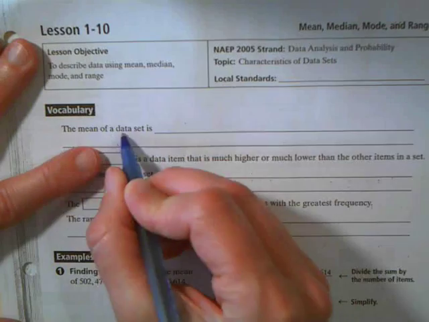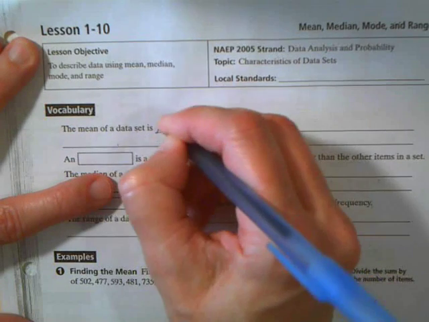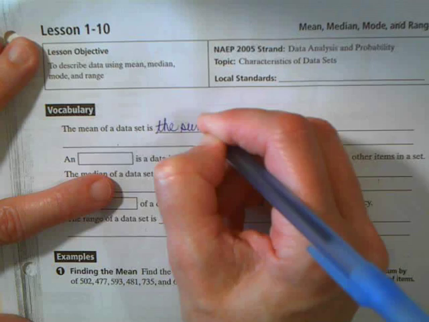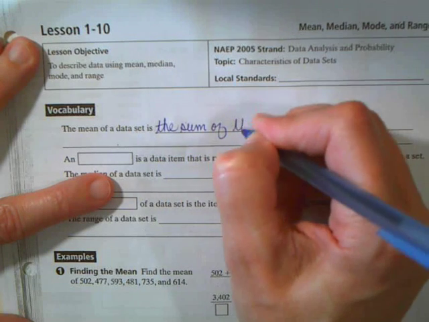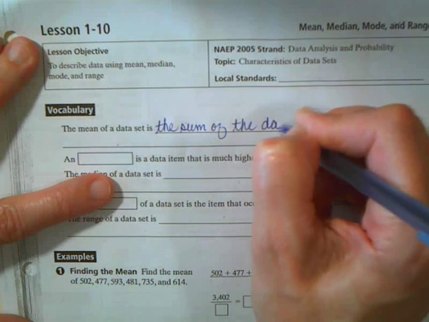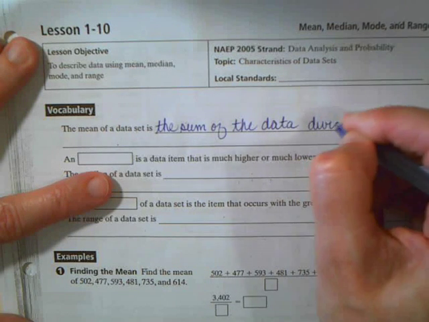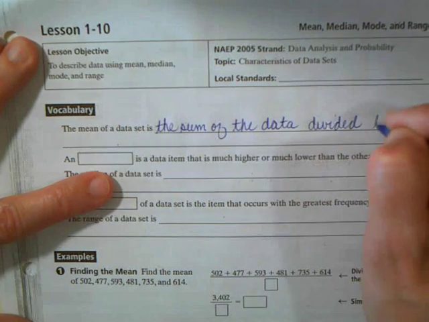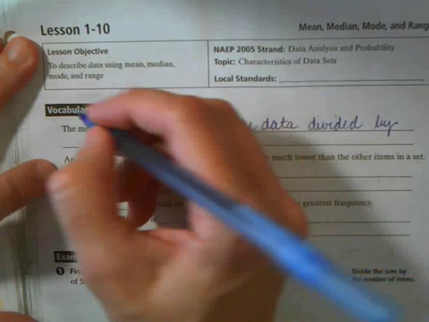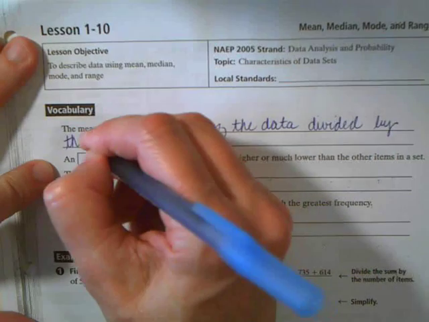The mean of a data set is the sum of the data divided by the number of data items.